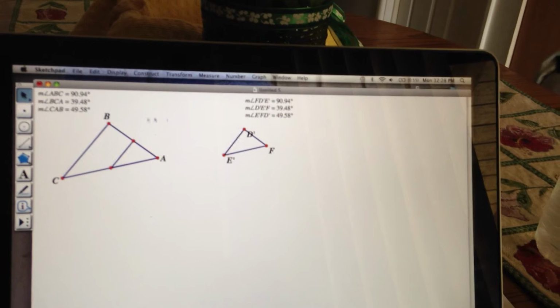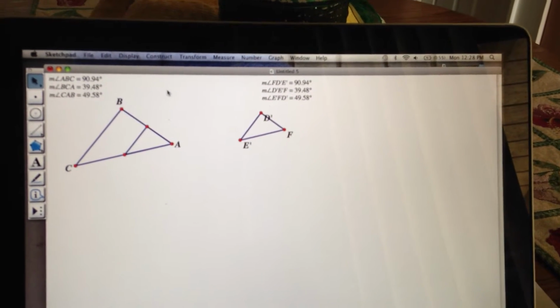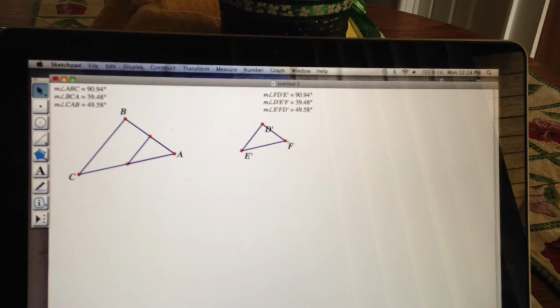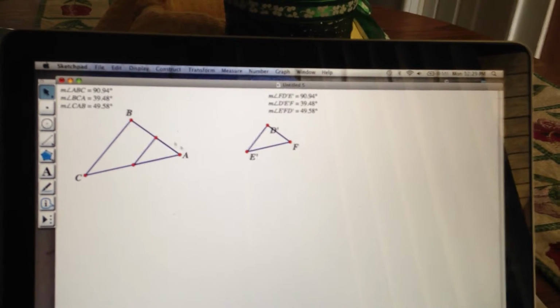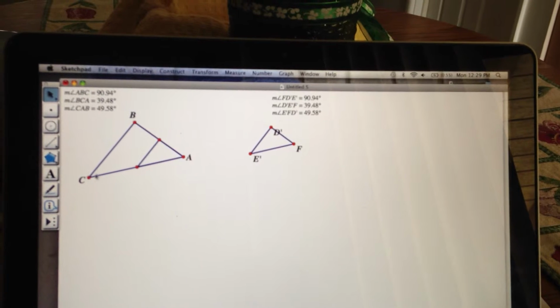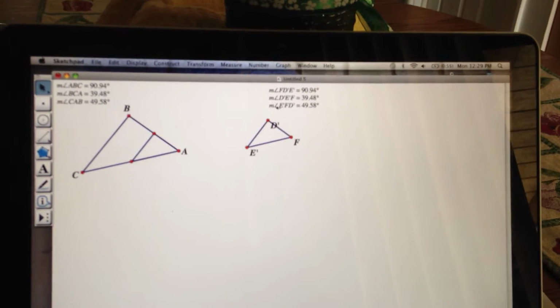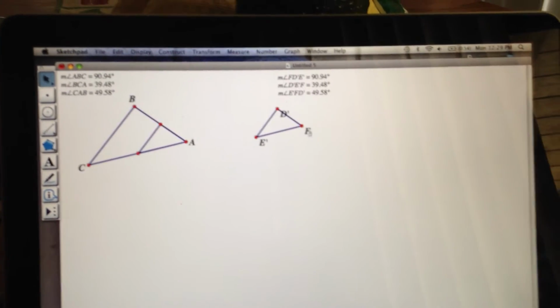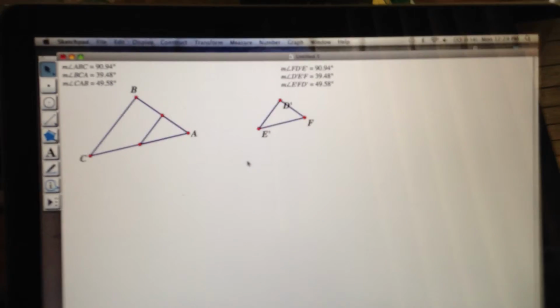And as you can see, every single angle matches, but triangle FD prime E prime is not the same as triangle ABC. Even though they have the exact angle values the same, they are not congruent triangles by their size. But they are similar triangles, but that's different.